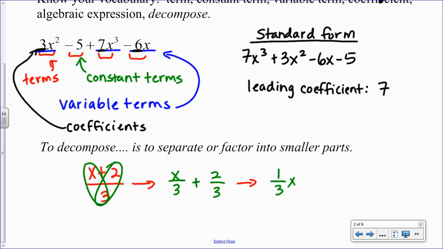So just knowing that you can take a variable out or put it back in the numerator can be helpful sometimes when we're solving. And then I'll just write plus 2/3. Okay? Questions about that?